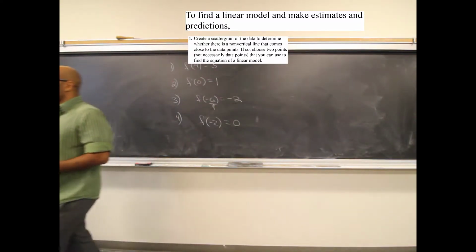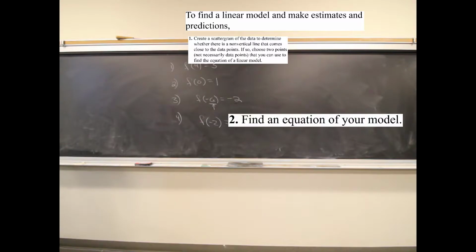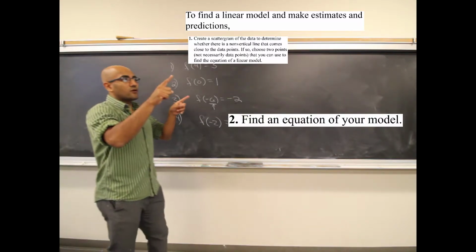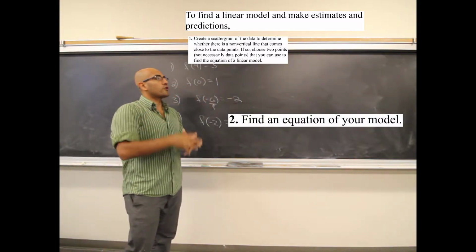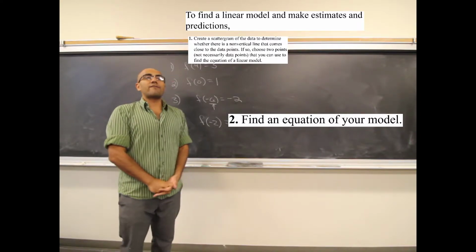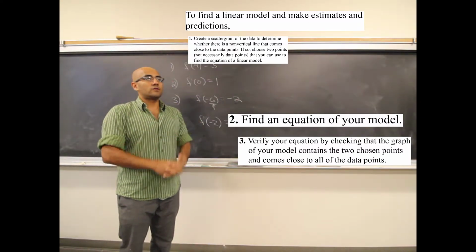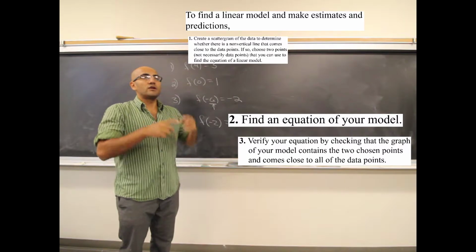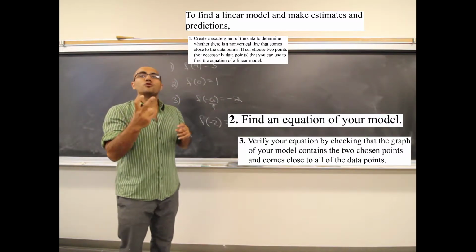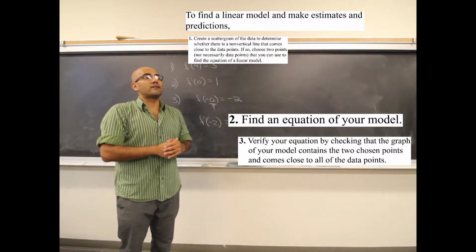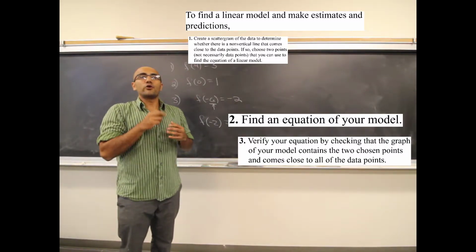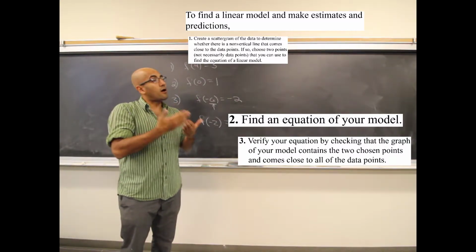So once you do that, you're going to write the equation, either by finding those 2 points and doing it by hand, or using your calculator. You can verify it by checking the points that are on your equation. When you choose 2 points and find the line that connects them, you can always double check that those 2 points really are on the line.